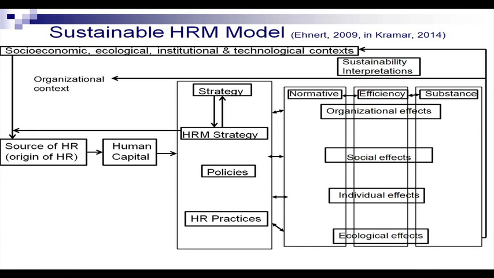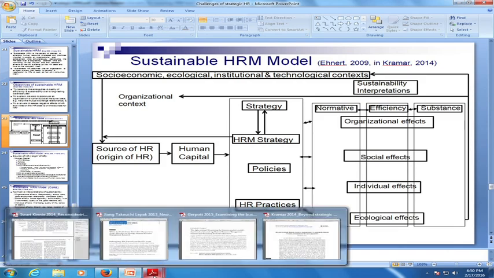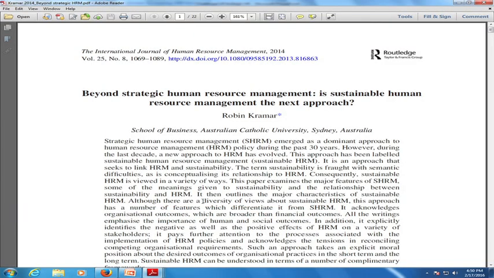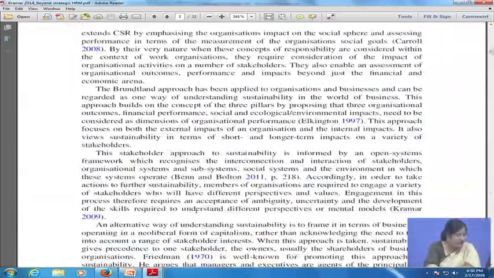Okay, this is the sustainable HRM model, which I borrowed from the paper. This is not the complete detail, the actual model is in the paper. I have just tried to recreate a part of this model over here. Let me show you this model in the paper. Since it's in the paper, I don't think anyone will object, but maybe I can use the model in the paper to explain it.